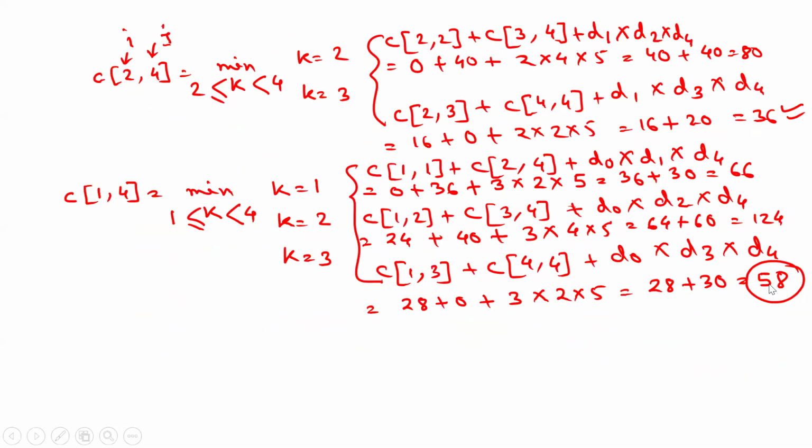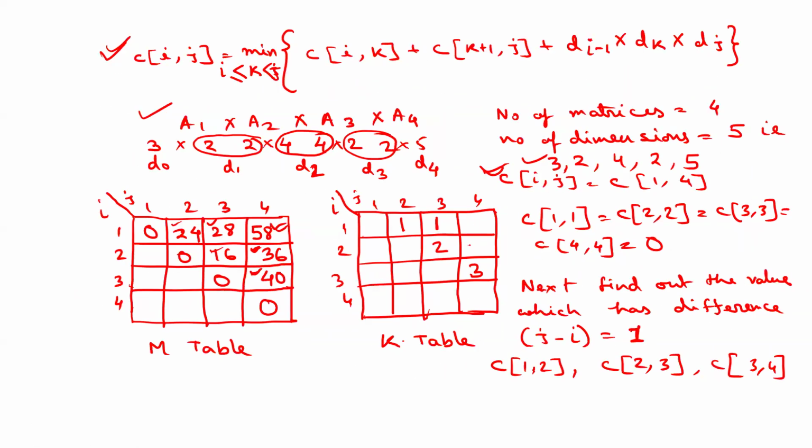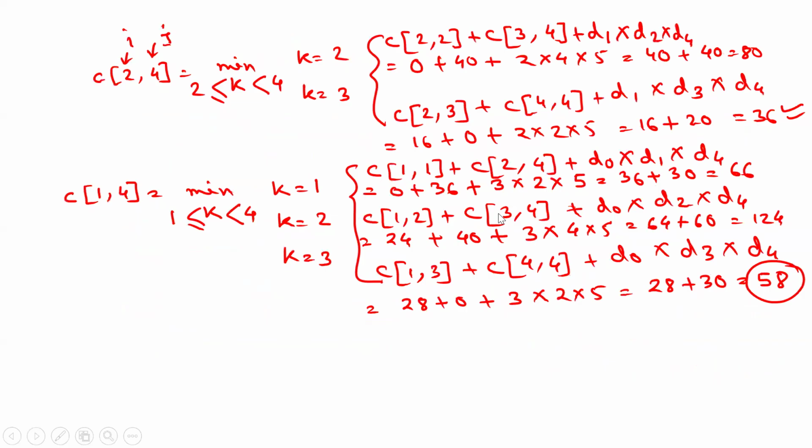And here also the 58 value is calculated for k value 3. So this is the solution where the minimum cost of the final C14 is 58. This is the cost.